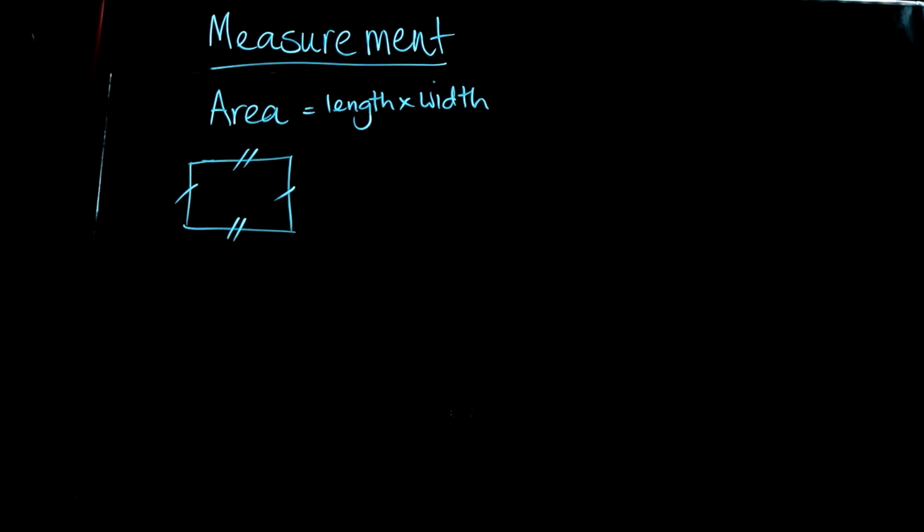What we need to think about here is a little bit of algebra. We might call one of those the length and the width. To shorten this formula, what I'd like you to write is A, capital A, equals LW.